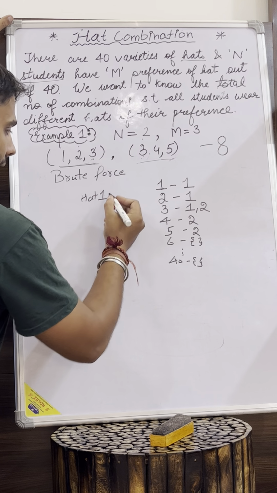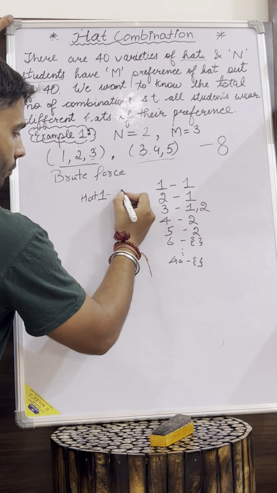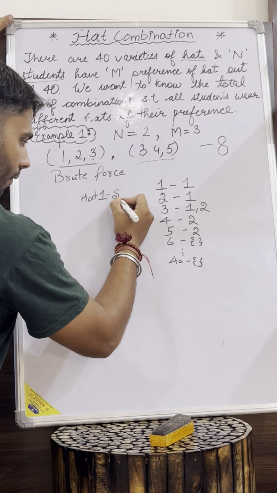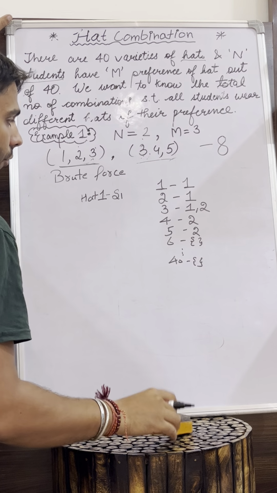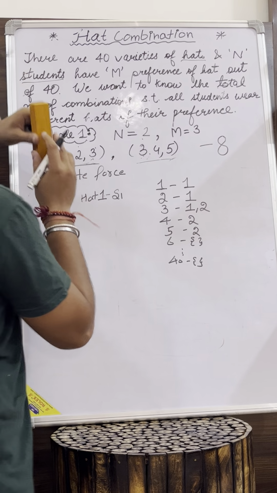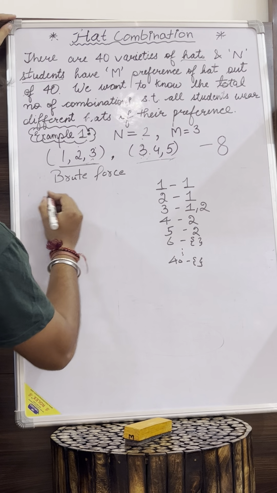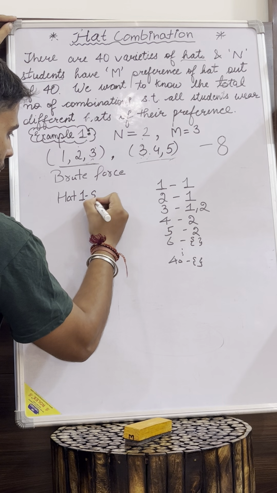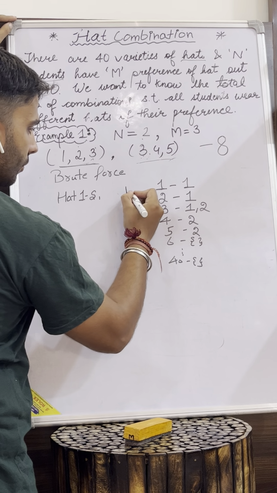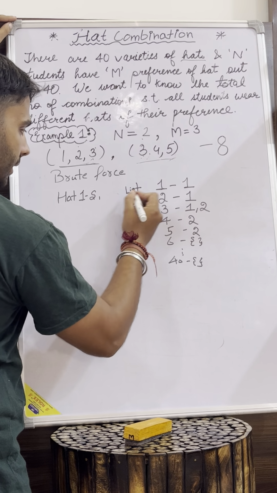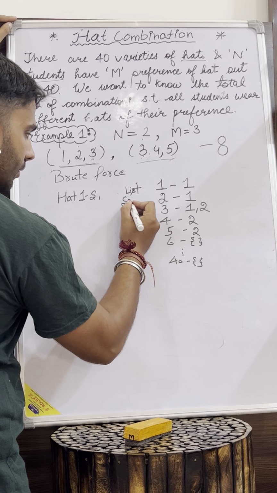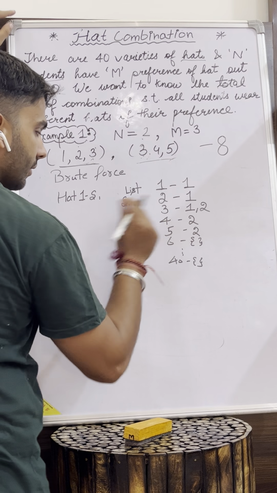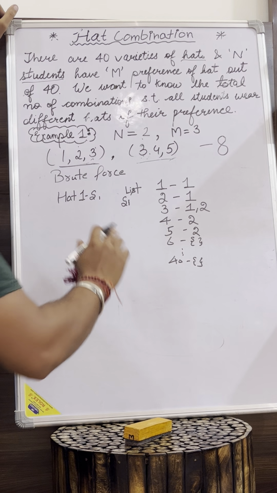Suppose we are at hat 1, we give it to student 1. Hat 1 to student 1, and this list basically tells us who is already wearing a hat. So S1 is done.